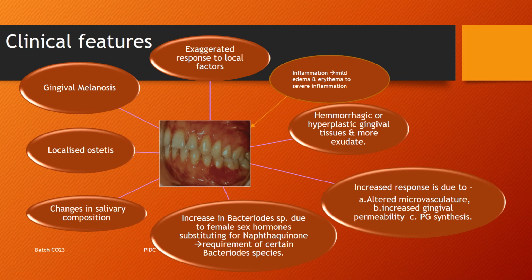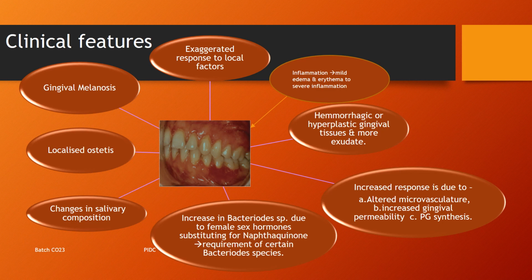You can also see increased Bacteroides species, because the female sex hormone substitutes for naphthoquinone, which is required by certain Bacteroides species. It mimics the same function as naphthoquinone.